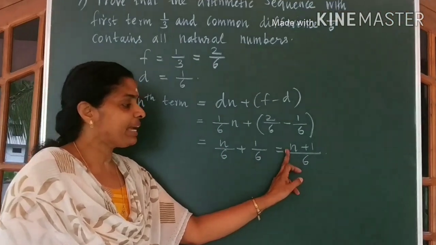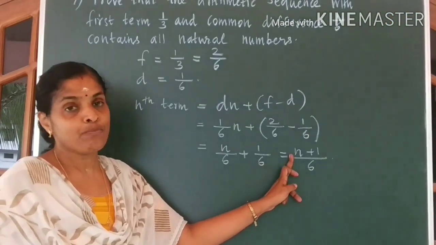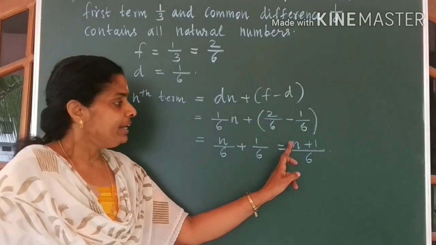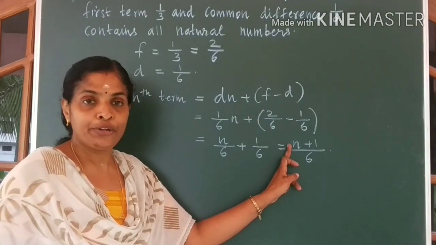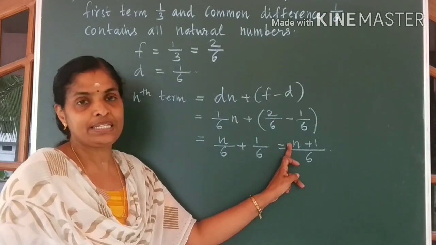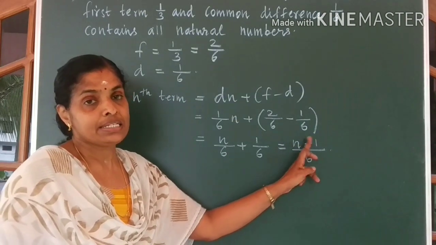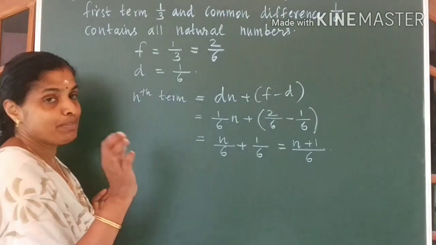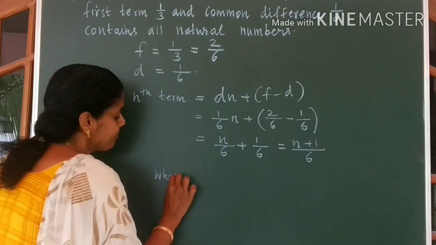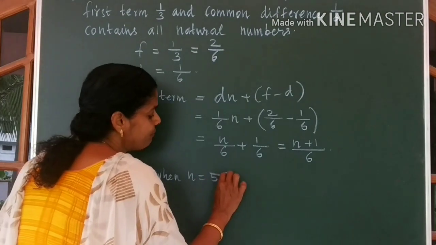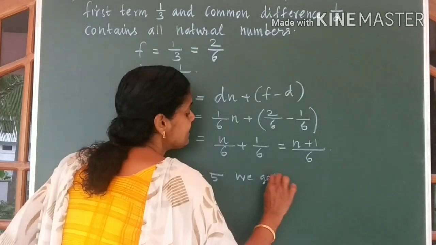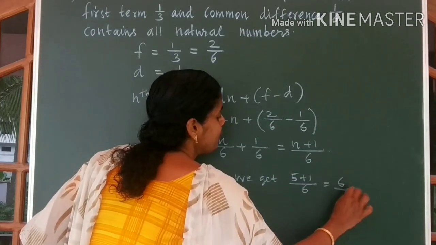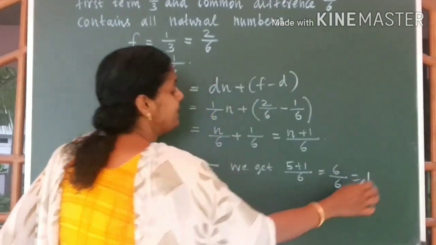Now when do you get the first natural number? You know the natural numbers are 1, 2, 3, etc. Now when n is equal to 5, you get the first natural number, 6 by 6 equal to 1. Is it clear? So let me substitute. When n is equal to 5, we get 5 plus 1 by 6 is equal to 6 by 6, 1.